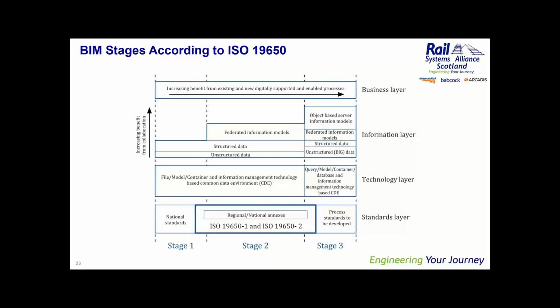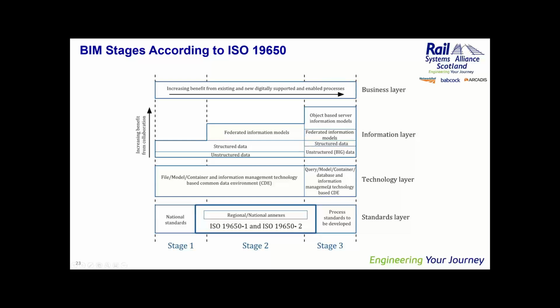But ISO 19650 talks about stages and maturity of information and business layers. So we talk about these standards layers, the ISO 19650 and the national standards and international standards and annexes, etc. We talk about the technology layer and how we might have file and model and containment in a common data environment.